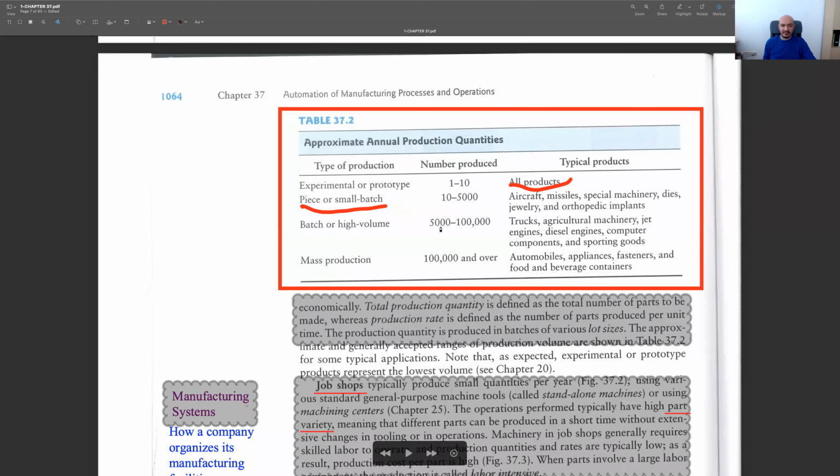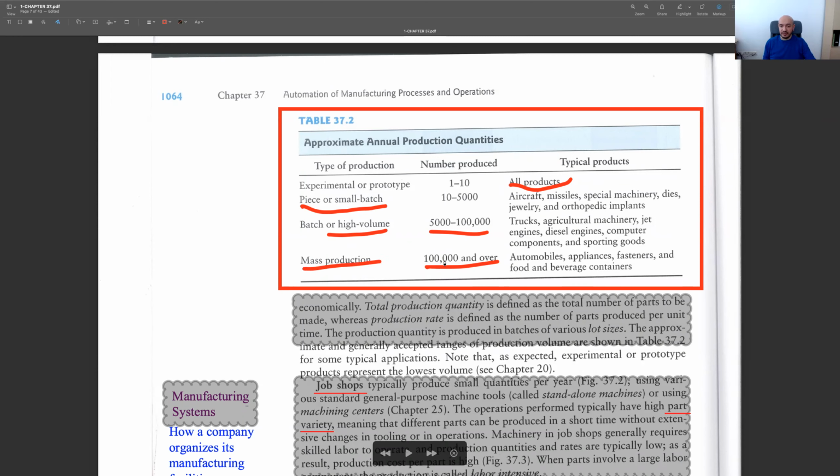But if the number is quite higher, up to 100,000, then it's high volume production or batch production. In that case, you can produce, as you see, engines, computer components, some trucks. They're all possible. Then we have the last option. If the number of products is higher than 100,000, then it's called mass production.